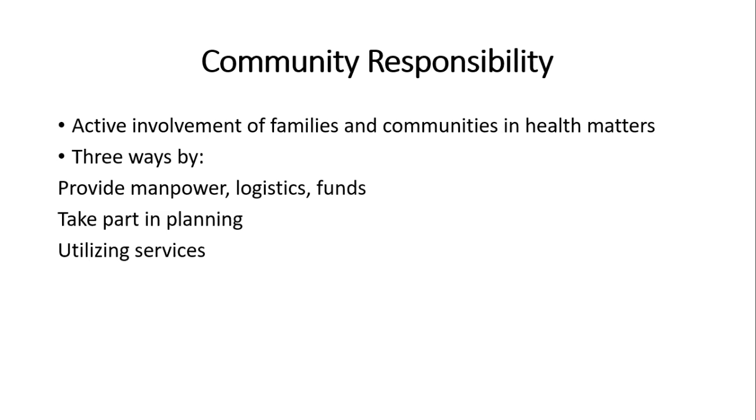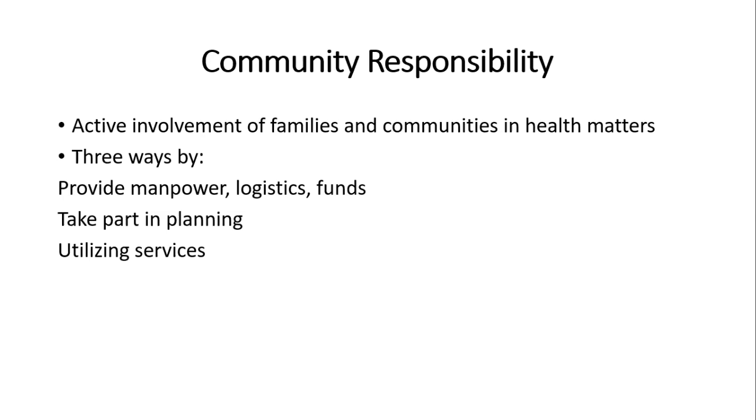Now, community responsibility. So active involvement of family and community in health matters. This should be in three ways: providing manpower, logistics, funds, taking part in planning, and utilizing services. So the community comes in when you see programs like VHND, VHSND, where the community plays an important role.